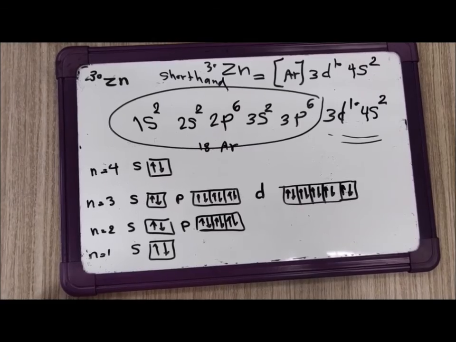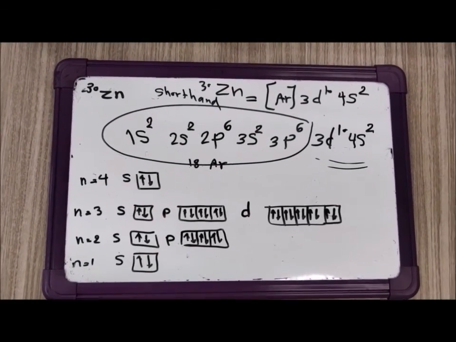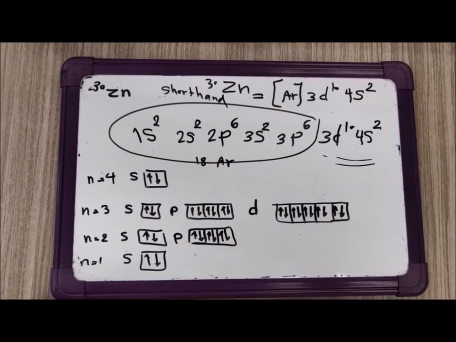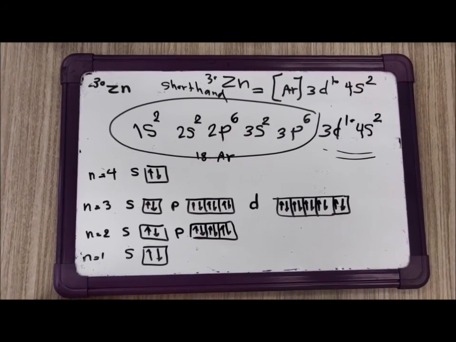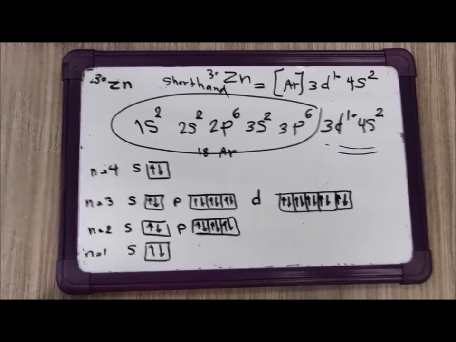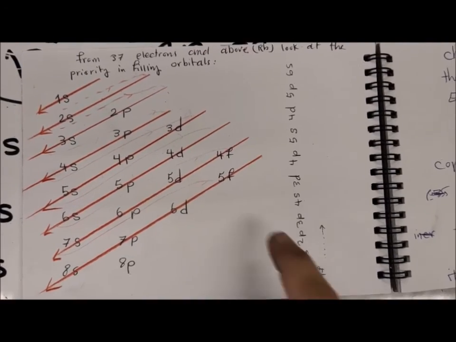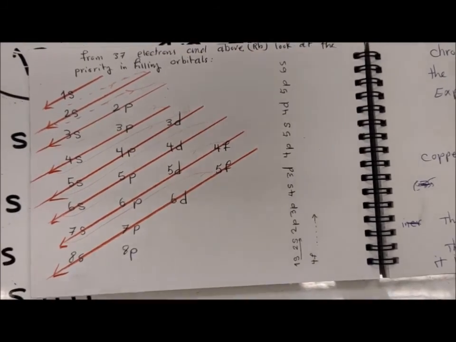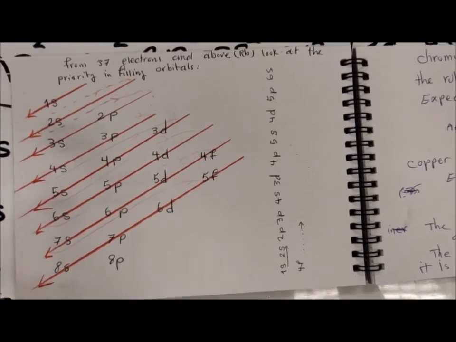But let me show you about the priority of the orbitals, and when you want to fill them up with the electrons, you can use this diagram too. It shows you the order of filling up the orbitals with the electrons.